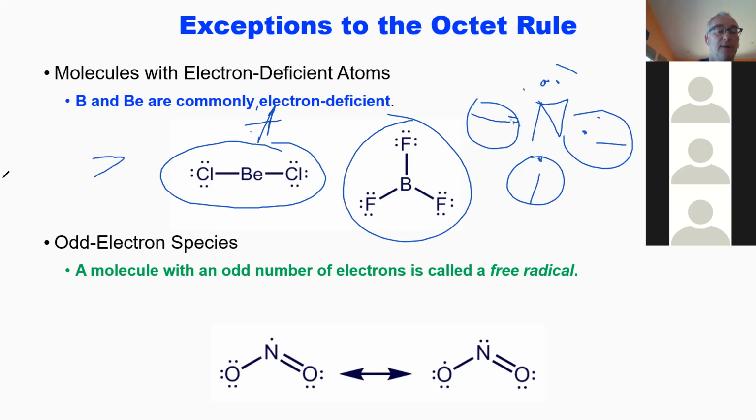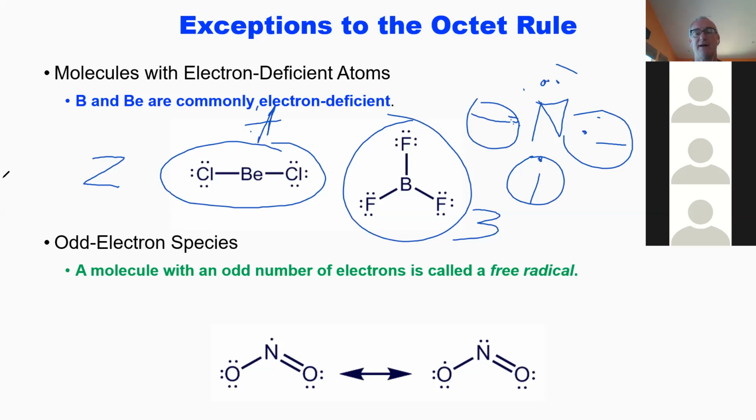Boron only has 3. And so basically it shares all the valence electrons it has and then doesn't have any more. So beryllium is only going to form 2 bonds, and boron is only going to form 3, and that's fine. That's all the electrons they have.